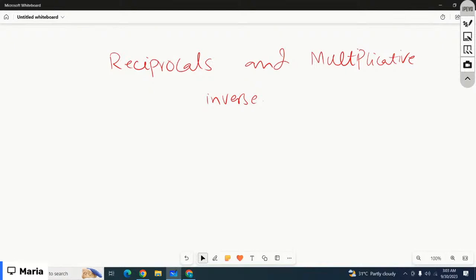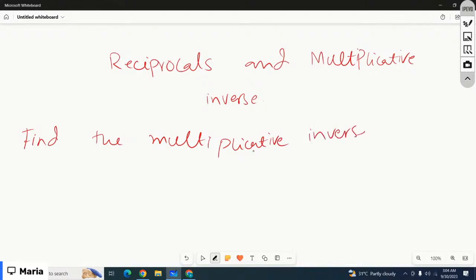You can find the multiplicative inverse of a fraction by switching the numerator and denominator, right? You can note down the definition. Find the multiplicative inverse by switching the numerator and denominator.